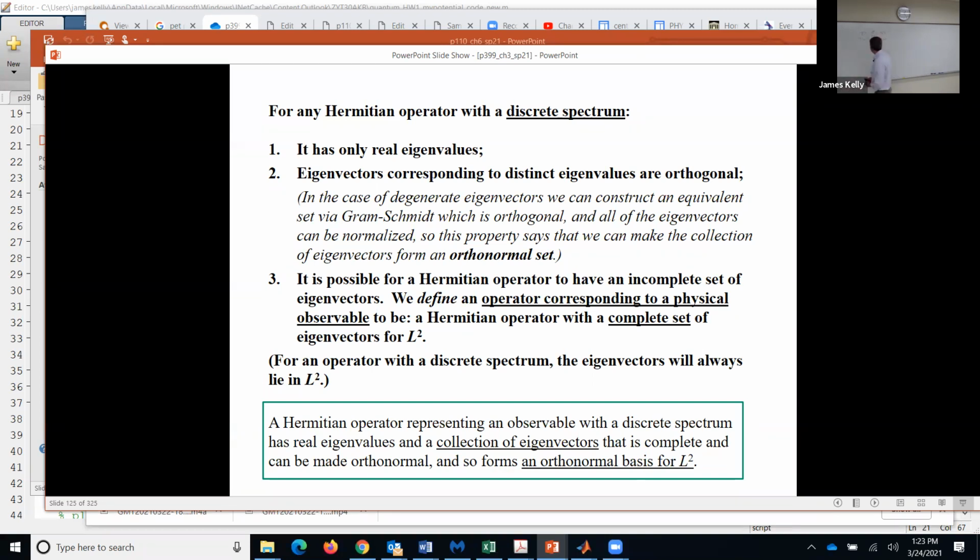And so we can write things like this without thinking and solve for the coefficients by the method we used to do. Okay, so we're not introducing a whole lot of new machinery in terms of how we're going to work in quantum mechanics, but reassuring ourselves that the really interesting properties we saw back in chapter 2 weren't just flukes for those cases. They're going to happen in general, at least for the discrete spectrum case.